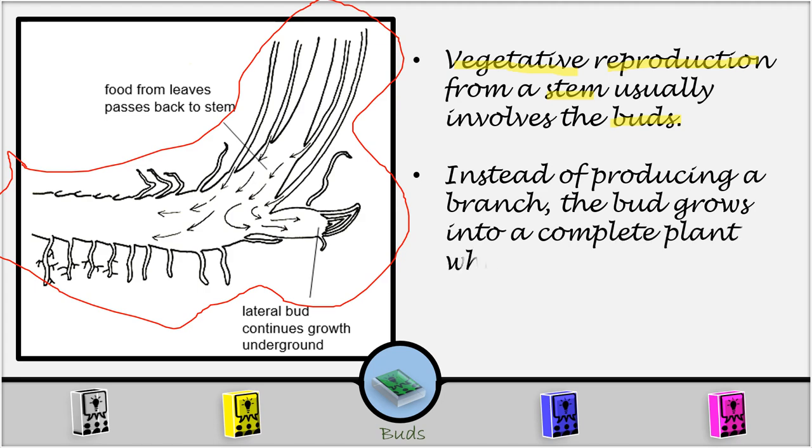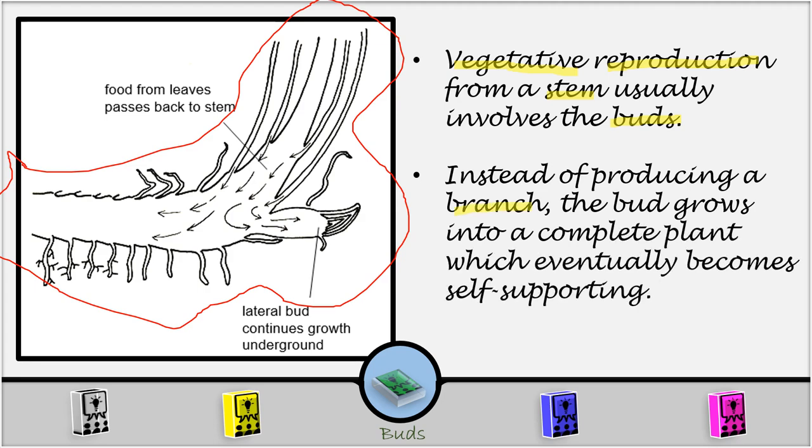Instead of producing a branch, the bud grows into a complete plant, which eventually becomes a self-supporting plant.